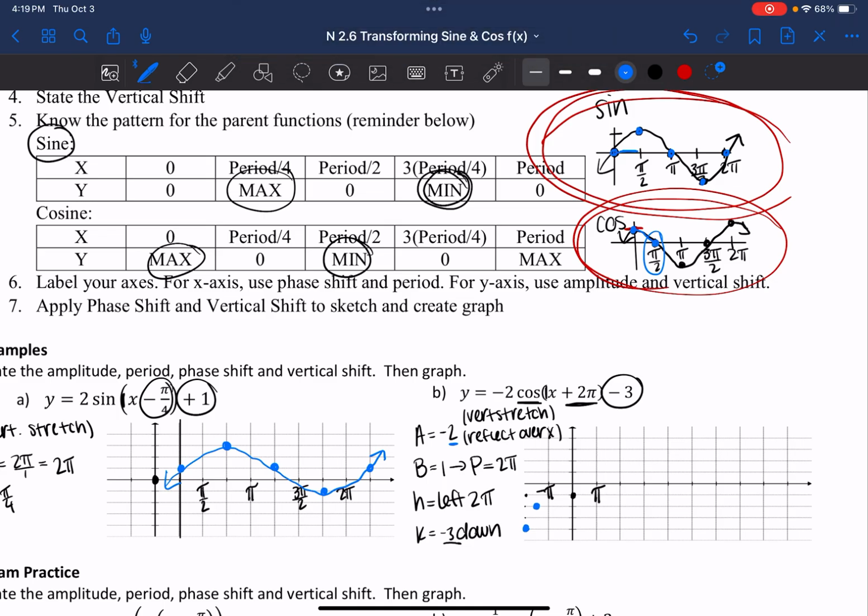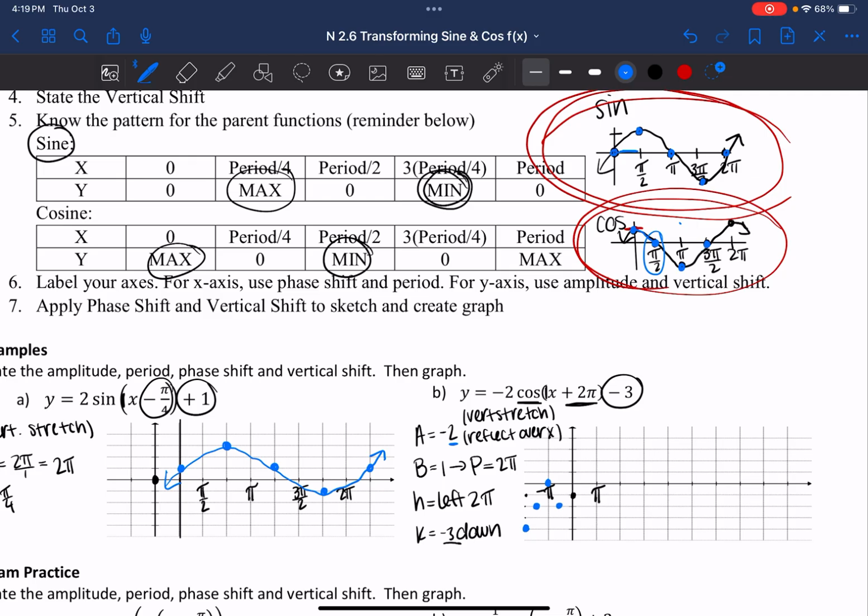Okay, then next I would go to my minimum, but since I reflected, that's now up here as a maximum. So I would move up 2 lines again and over another half, pi halves, which would put me at -pi. And then I would go to 0, which we said was right here at -2.